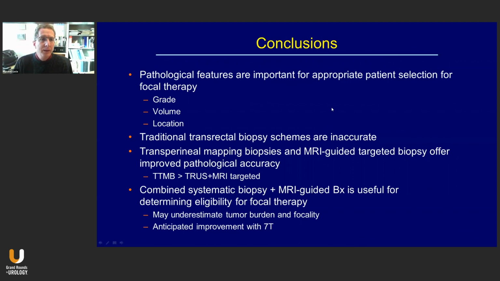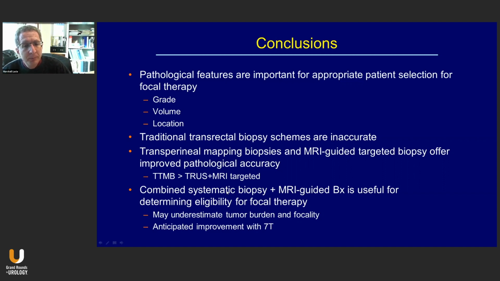So in conclusion, pathologic features are important for appropriate patient management. They include grade, volume, and location of the tumors. Traditional TRUS-guided biopsy schemes are inadequate. Transperineal mapping biopsies and MRI-guided targeted biopsies offer improved pathological accuracy, with the highest level of accuracy being seen in TTMP.